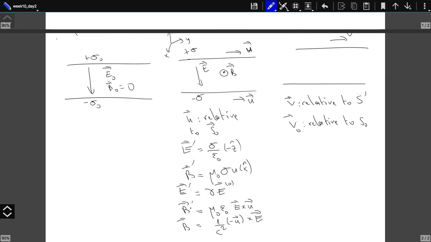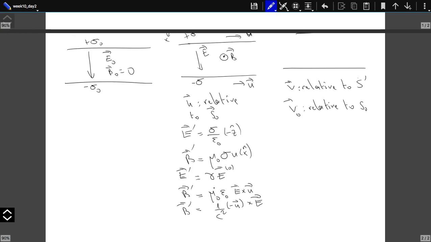Well, let me just put primes over here. These primed electric and magnetic fields are in the reference frame S prime. And in the reference frame S, let's say this is gamma, but gamma u. It is 1 over the square root of 1 minus u squared over c squared.